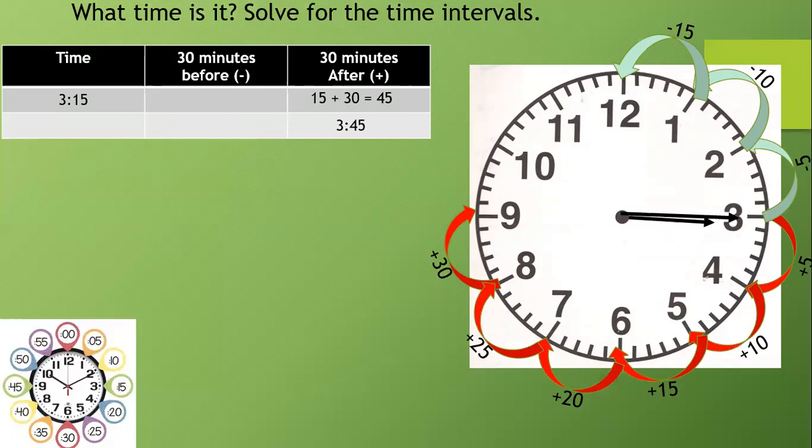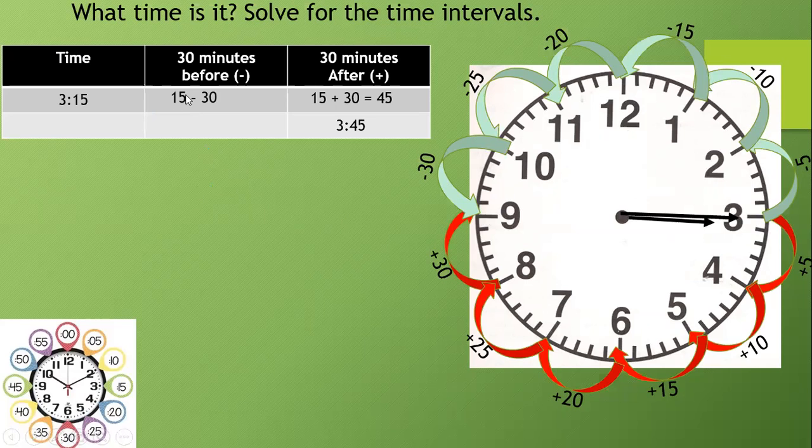In this case, our minute hand is moving backwards, so our hour is going to get smaller. So let's begin. -5, -10, -15, -20, -25, -30. Now our minute hand has moved backwards to the 9. But our hour hand has also moved.